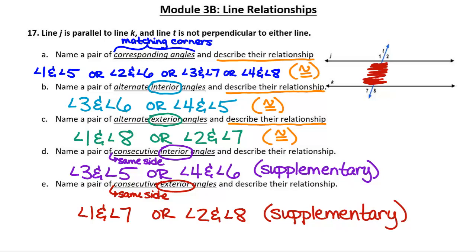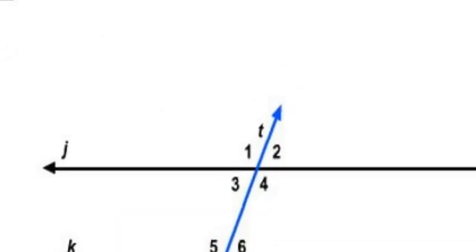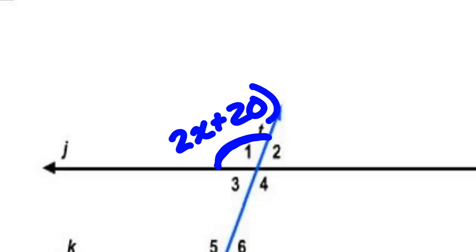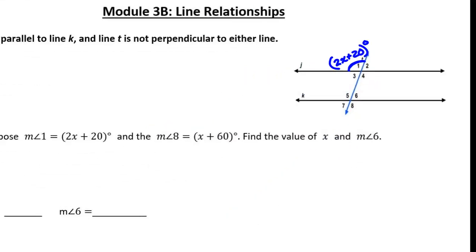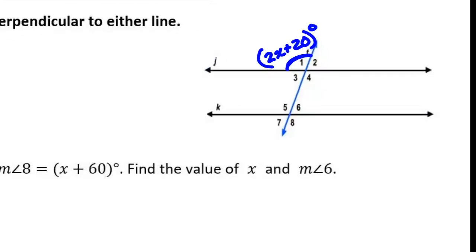All right, and then there is a part F. It says, suppose the measure of angle 1 is 2x plus 20. So angle 1 right up here, 2x plus 20. And the measure of angle 8 is x plus 60.